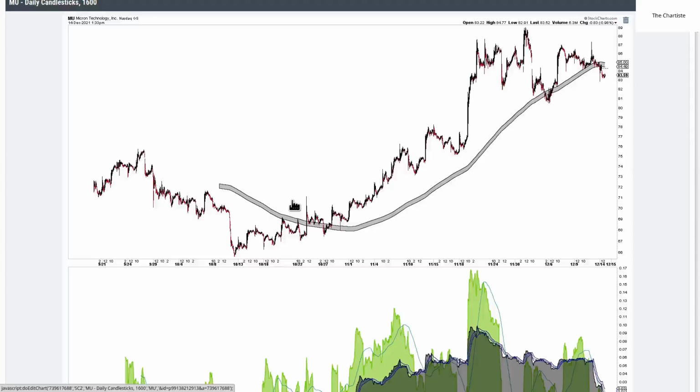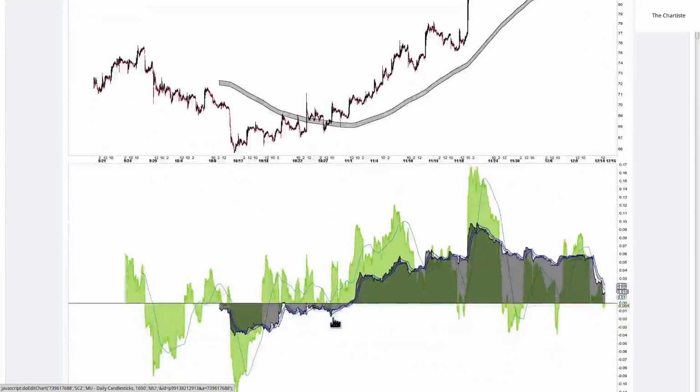Now let's look at 10-minute charts, because you can go to any time frame and you can use that technique. Of course, you cannot use it as the only indicator. The price moves above the moving average and the money flow is going above zero and creating a new high.